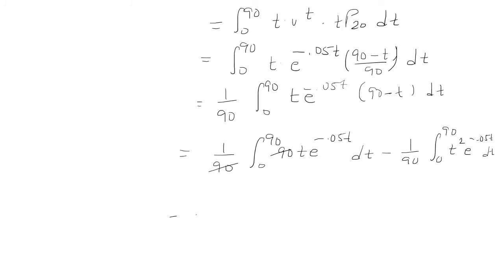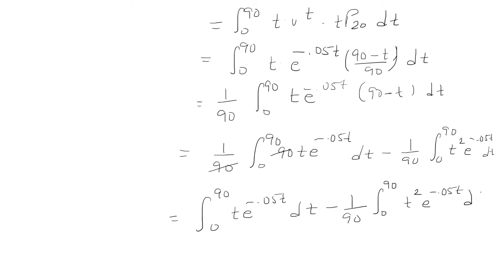The 90 is going to cancel. So we'll have t squared e to negative 0.05 t dt.